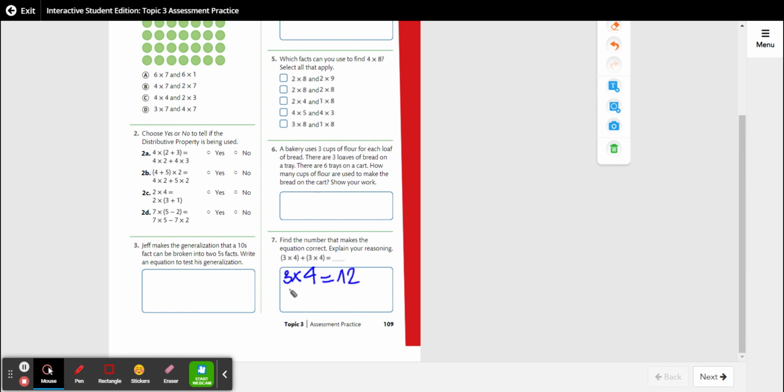I know that 12 plus 12 equals 24. So I know that 24 makes that equation correct. See, explaining your reasoning in math doesn't always require words. Sometimes it does, but you can also use numbers and symbols.